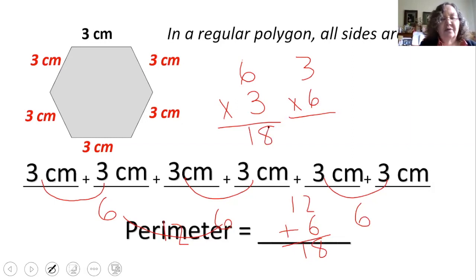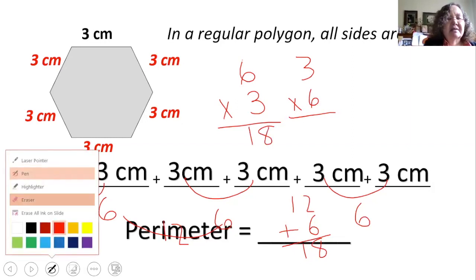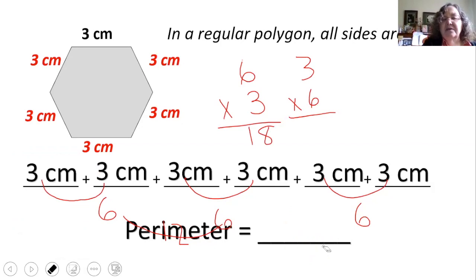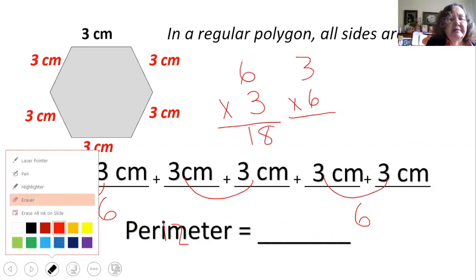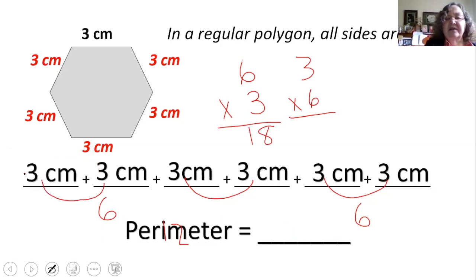Beautiful. So what is my perimeter here? And did I hear you say 18? But is it 18 what? I have to put that unit in there, 18 centimeters.